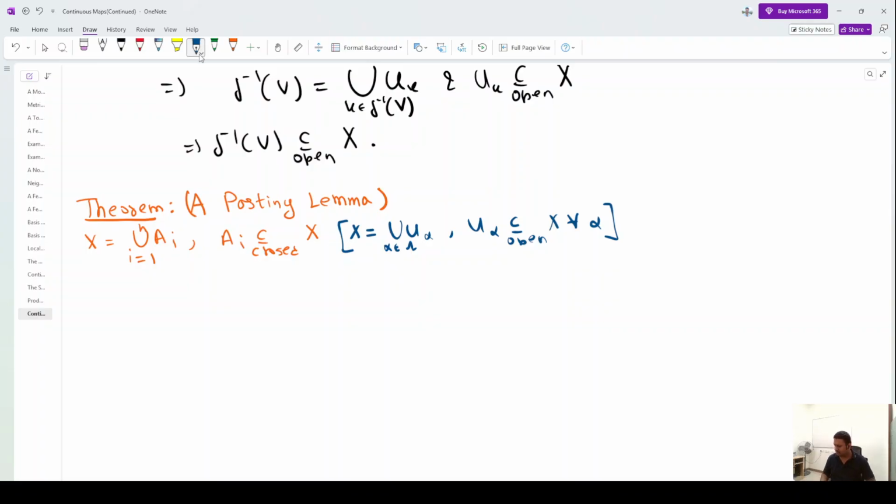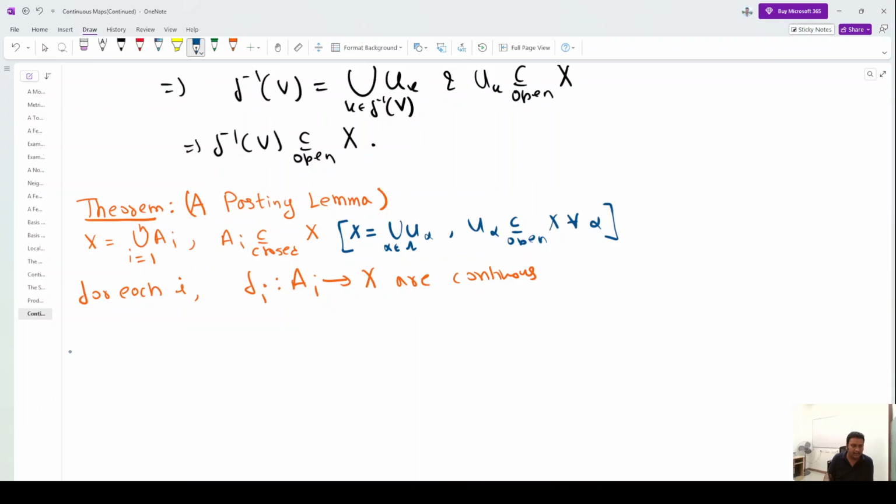Both are going to work. Let me write the statement then. Say you have continuous maps: for each i, f_i from A_i to Y are continuous.